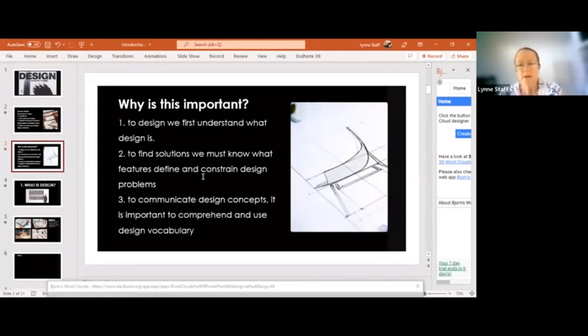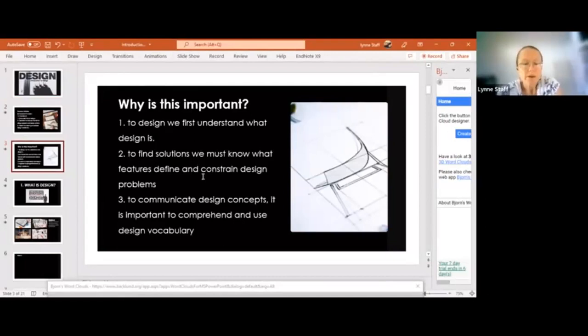These could be things like a budget, getting into economic features. It could be the age group that you're designing for. It could be cultural aspects that may impact upon the design solution. So we're going to look at what they are today as well.